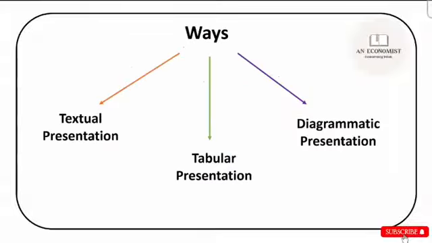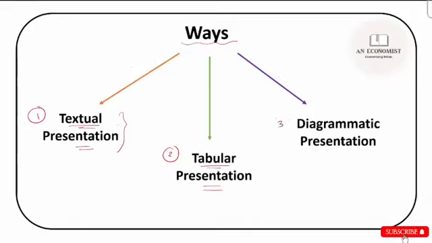We are particularly going to discuss three different ways in which statisticians present the data, right? The first method would be the textual presentation, where you write paragraphs to present the data. Then you have something called the tabular presentation, where you use different tables to present your data.